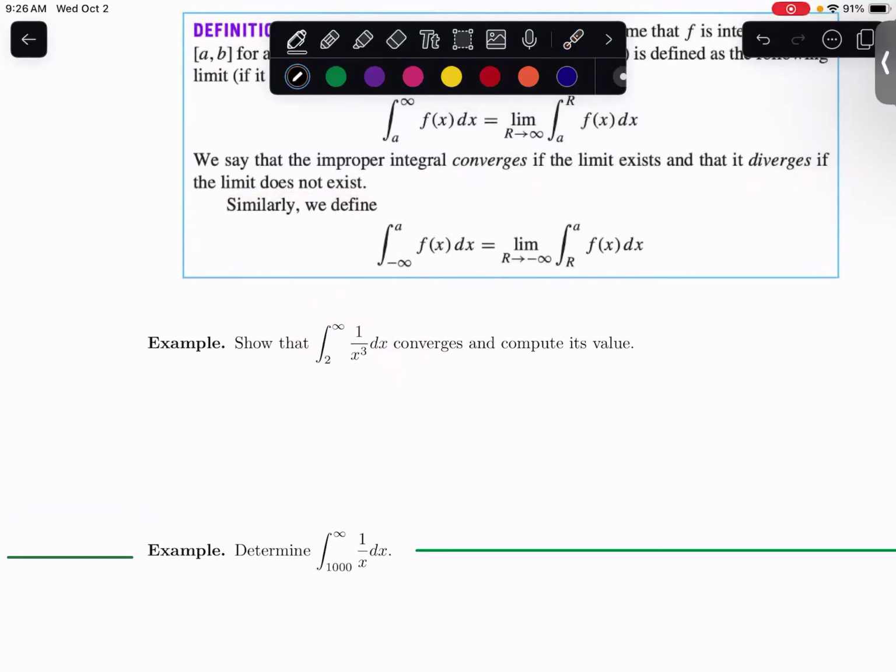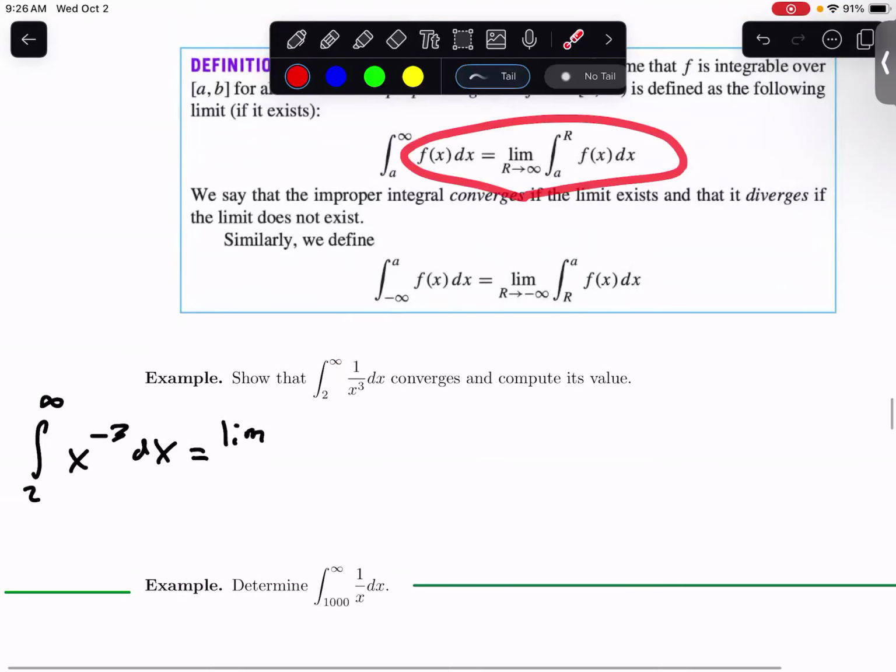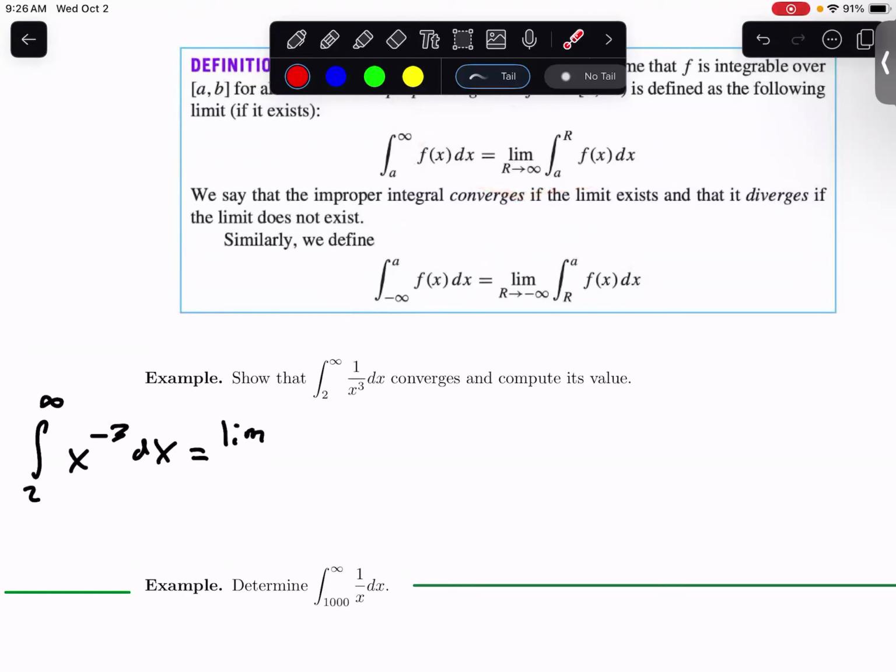So for this first example, if we want to compute this integral from 2 to infinity, instead of writing 1 over x cubed, I'm just going to write it as x to the minus 3 dx. And so really what we're computing is the limit, following what I have written up here. I'm going to choose some number and denote this number r.